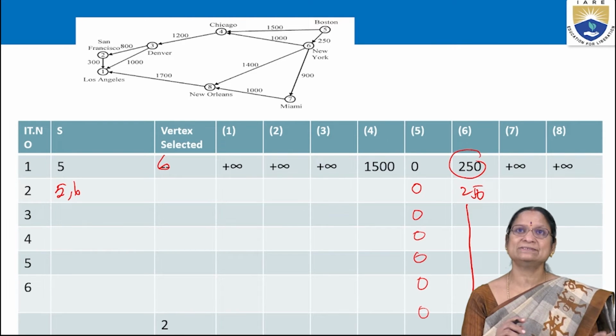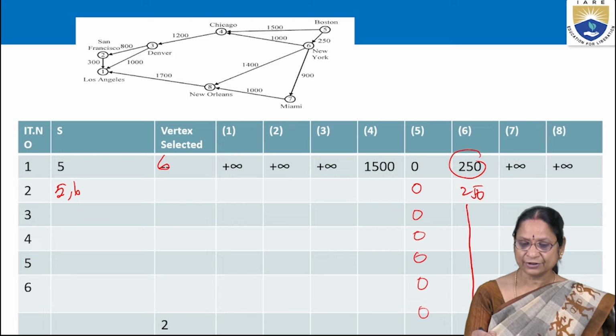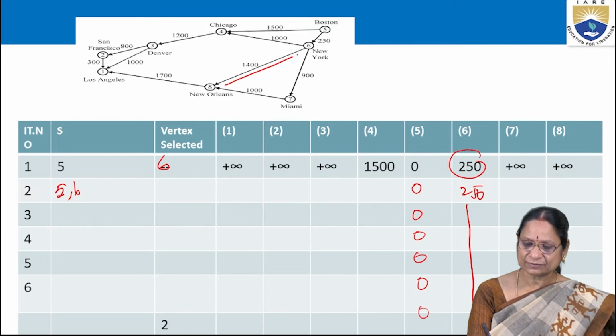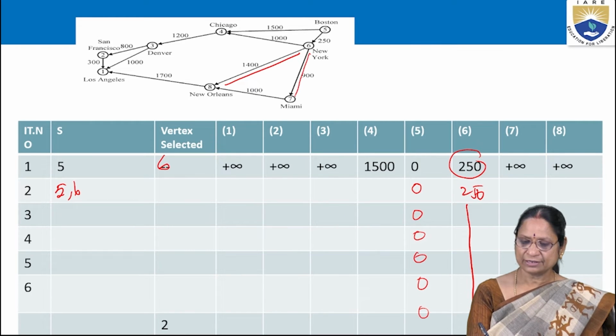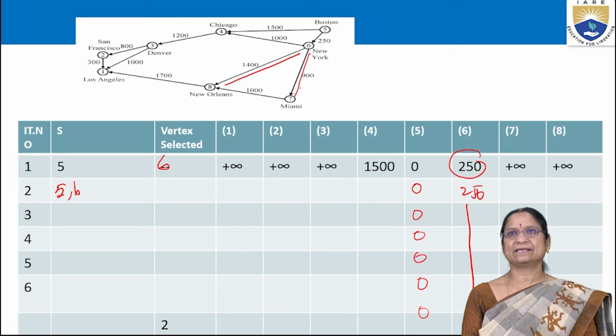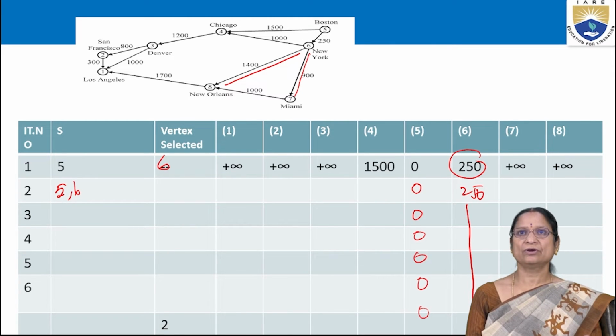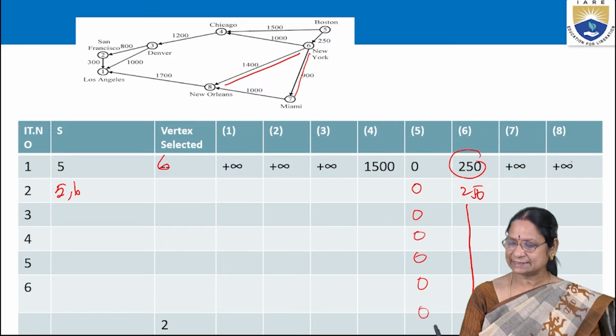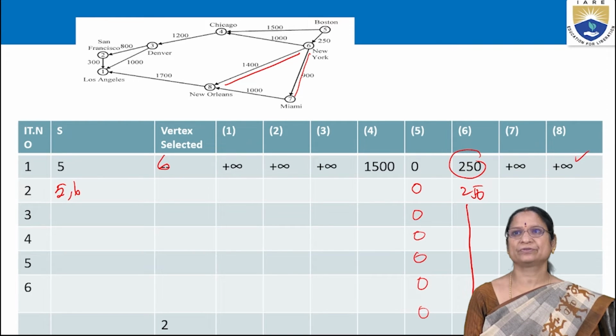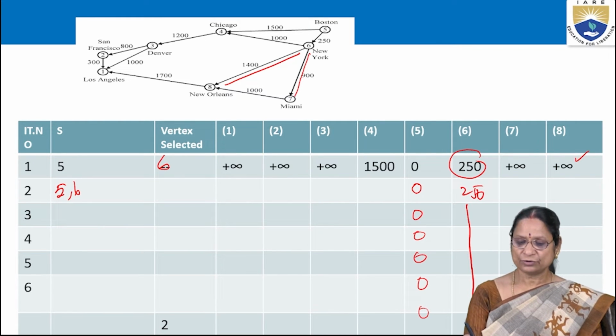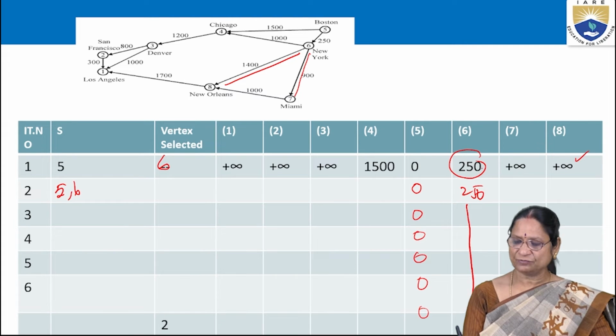From 6 I have to consider the direct edges. From 6 we have an edge to 8, please observe, which is 1400. From 6 I have 7, which is 900. Now I have to apply the relaxation rule. What is the existing value of 7? It is infinity.